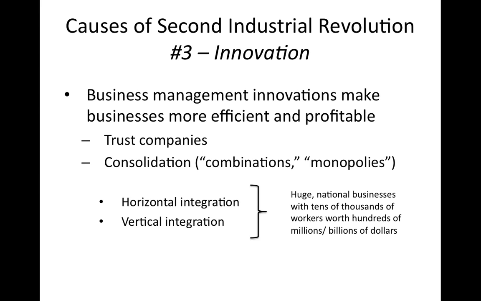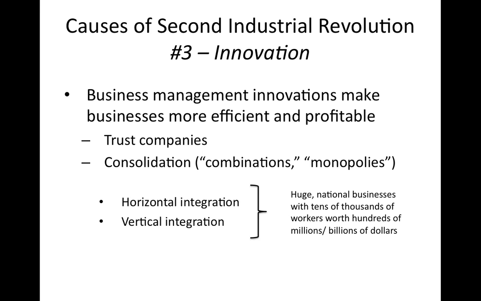Businesses that were no longer local exclusively or even regional exclusively, but now operated in all of the country and sometimes abroad as well, with tens of thousands of workers that were often worth hundreds of millions or billions of dollars. So basically, like the corporations that we have today, only not yet as giant as something like Google or Microsoft or AT&T.